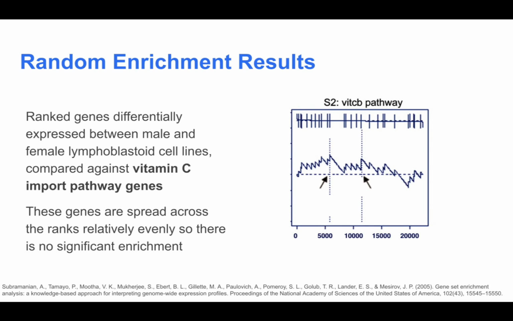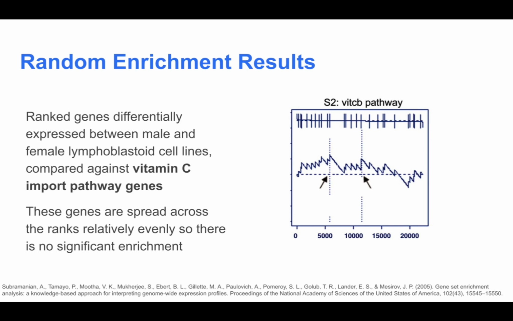For a pathway that is not really differentially expressed between male and female cell lines, in this case we're looking at vitamin C import pathway genes. So note that even though this was a comparison between male and female samples, it is possible that this pathway could have been differentially expressed, but here we see that it's not.